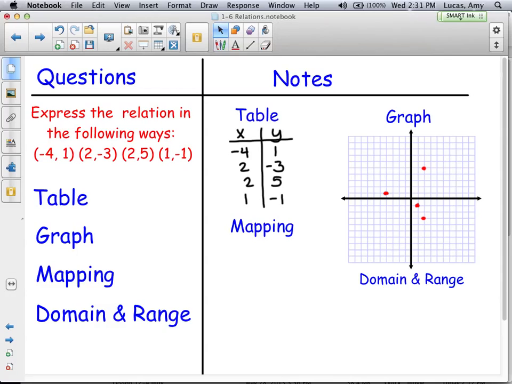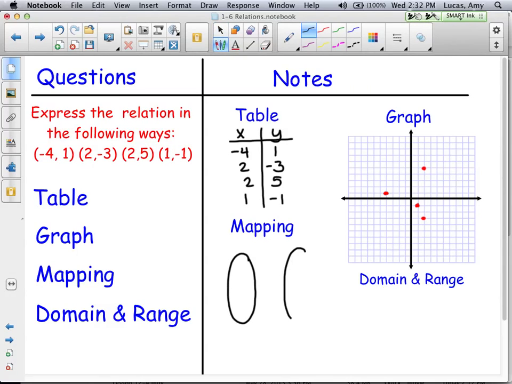Our mapping, remember we don't repeat in our mapping. We've got our 2 ovals, -4, 2, and 1. Those are the 3 values that are in the domain. Those are the 3 different x values that I see.